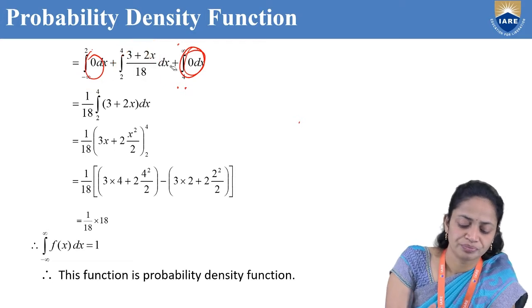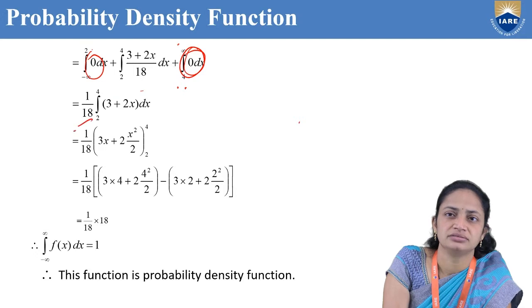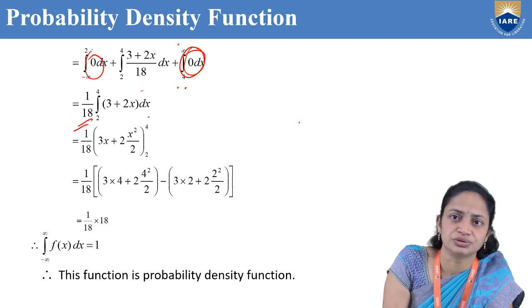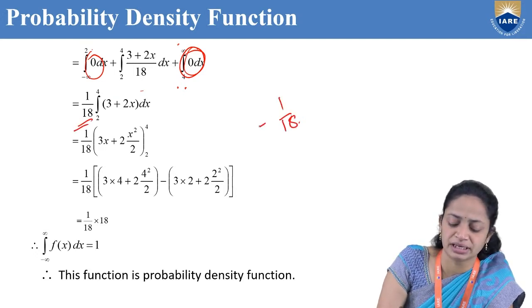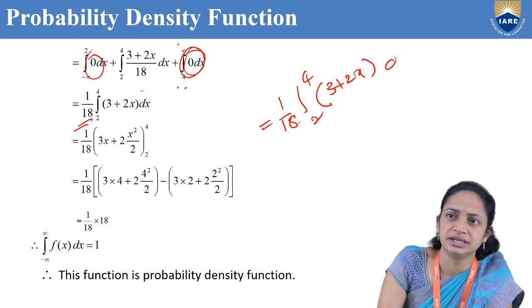Now we have to take 1 by 18 outside. If 1 by 18 is outside, the function will be the integral from 2 to 4 of (3 plus 2x) dx.